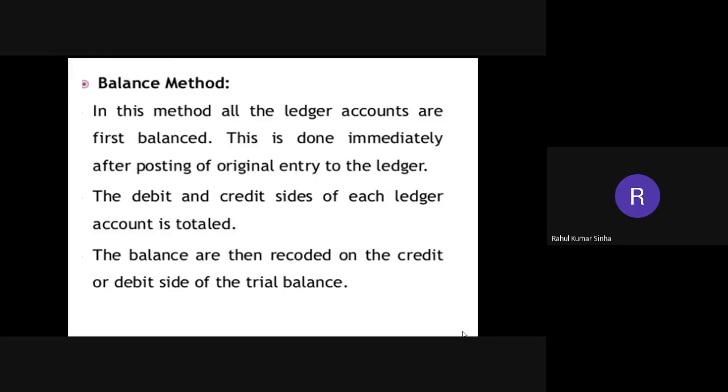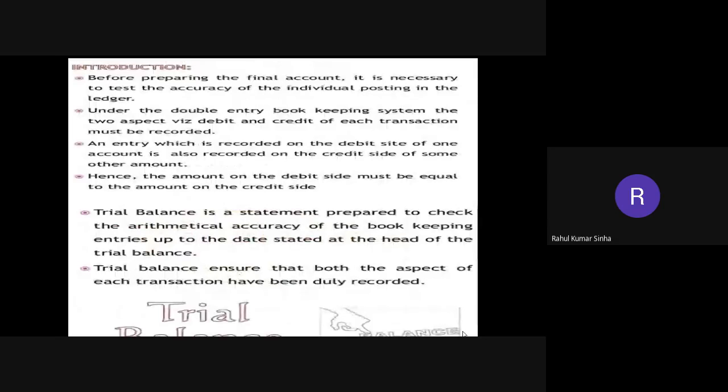So let's have one revision. As I told you, this particular session is regarding the trial balance. It means we follow the accounting procedure under which we start with the journal, then the ledger, then the trial balance, and finally the final account.